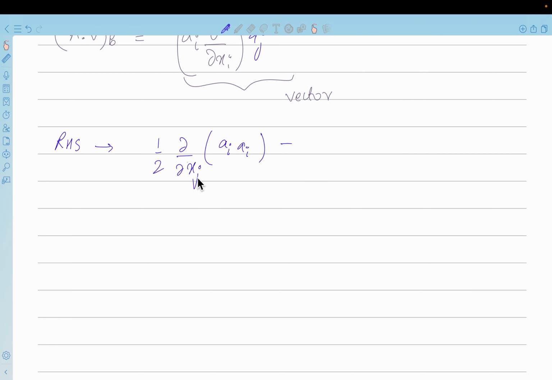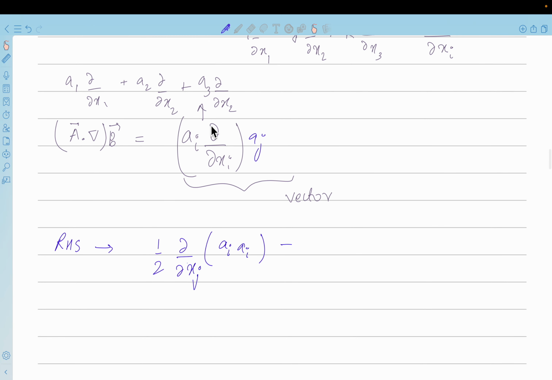I have just taken a j coordinate. Why? Because on the left hand side, what is the independent variable? J. Here AI and dou by dou xi, so I and I have gone into the summation. The vector is represented by the j index. This will also go from 1 to 3. Here also j will go from 1 to 3. We are just being consistent on the left hand side and right hand side. Okay.